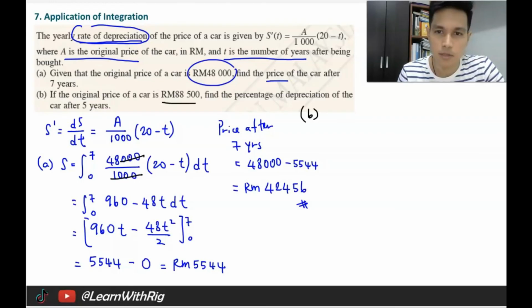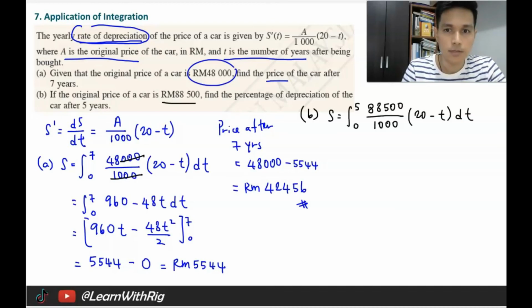Actually it's the same thing: you want to find the depreciation value after 5 years, so now it's from 0 all the way to 5. So the A value now is 88500 divided by 1000 times (20 minus t) dt.